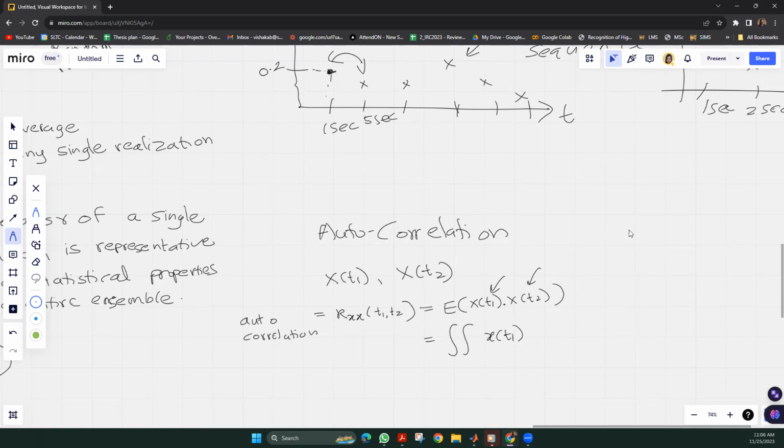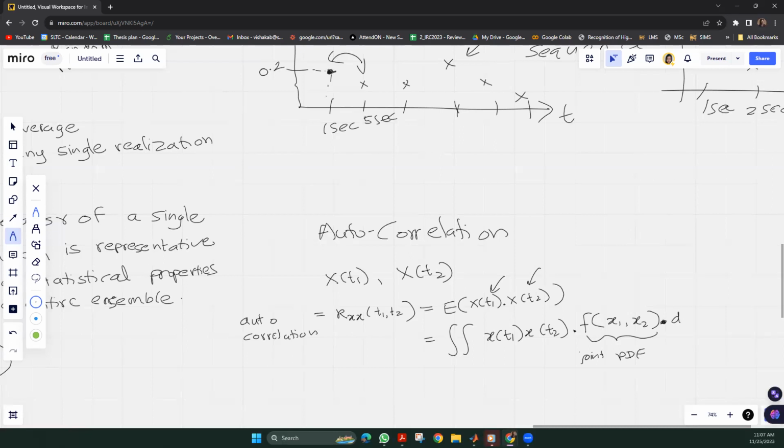In here I denoted this as capital X(t1), but in this one I'm going to denote it as simple x1, x2, to denote each and every value of the random variable, and the corresponding PDF will be the joint PDF of both these random variables, f X (x1, x2).